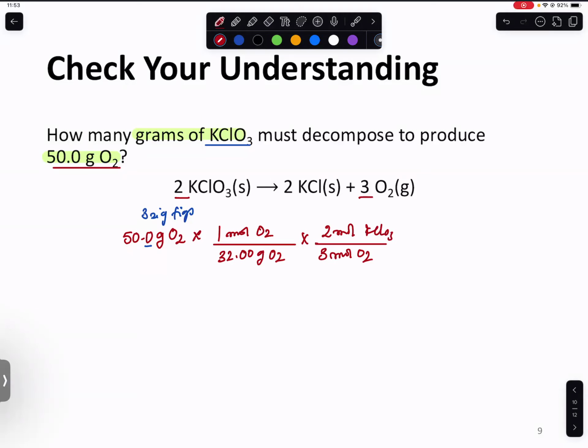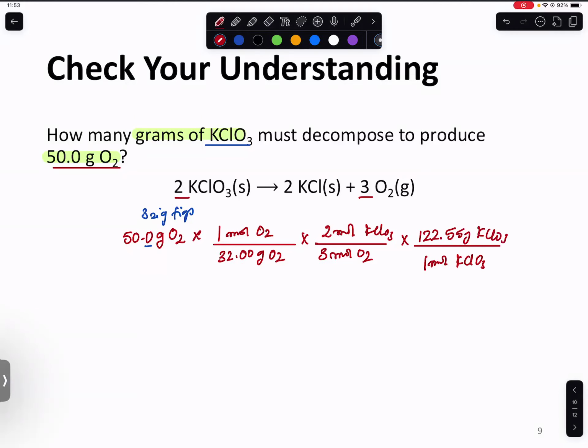And finally, since it wants the mass in grams, I'm going to use the molar mass of KClO3. So I can say that 1 mole of KClO3, I have 122.55 grams of KClO3.